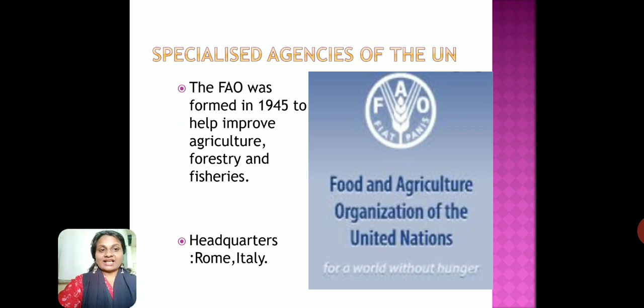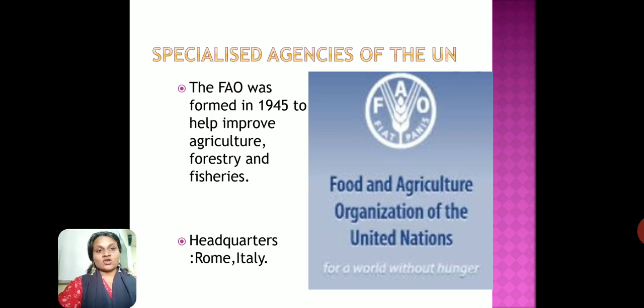Like I said, this is the logo of the Food and Agriculture Organization, and their target is to see to it that nobody in the world goes hungry. So most of their projects and activities are in poor countries or in areas where the poor are not treated properly, or there is a food shortage, or in a country which is suffering through drought and has no food available.